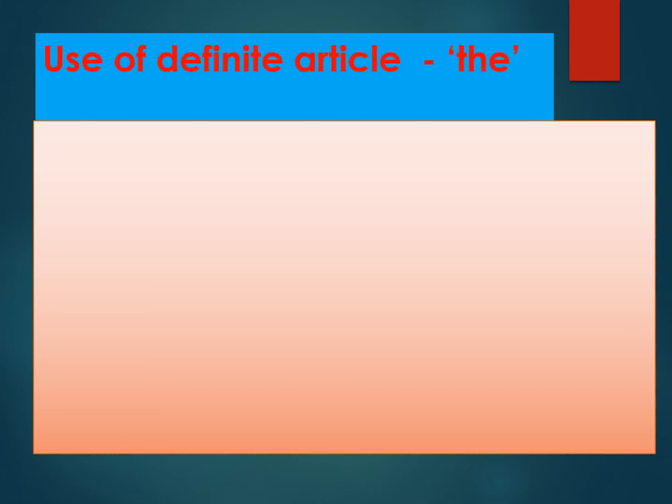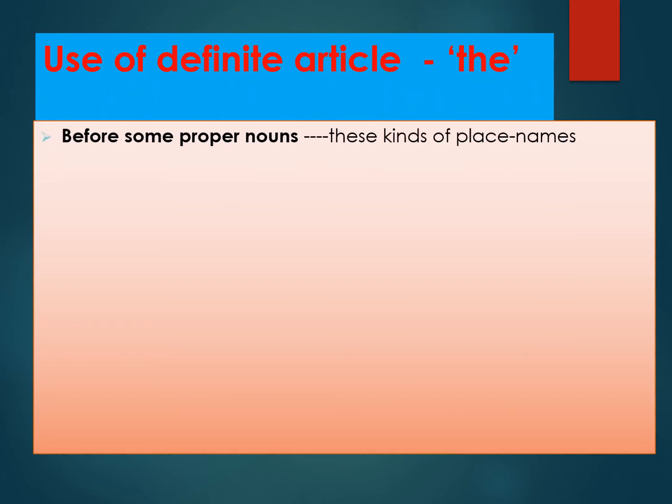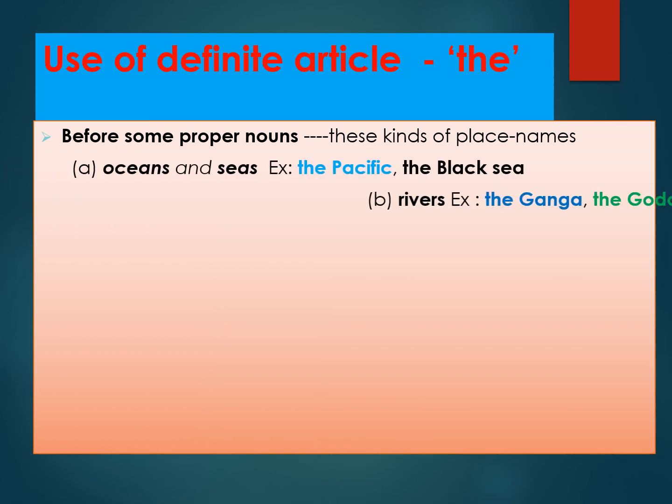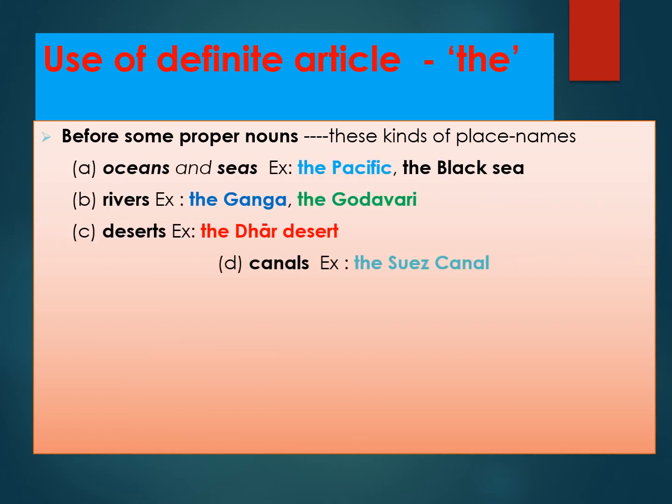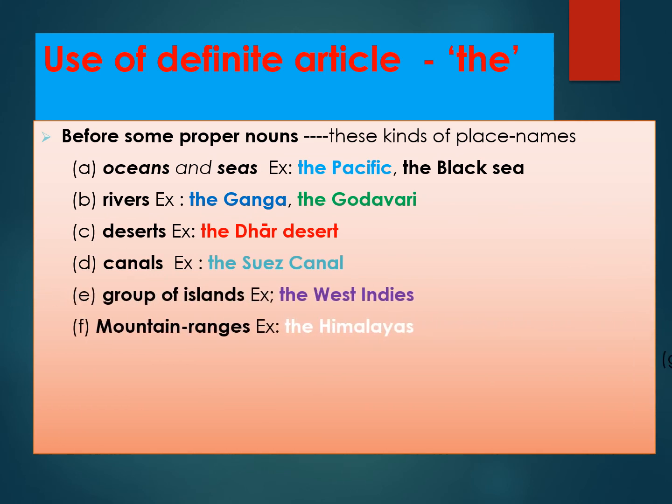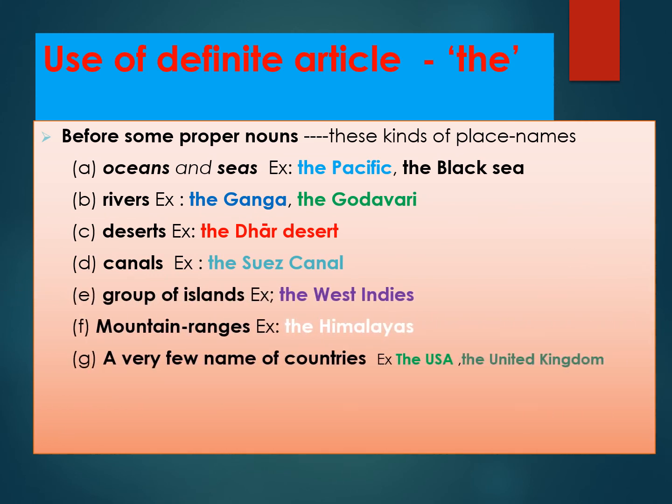Students, let us see the last point of the definite article the. The definite article the is used before some proper nouns, that is, these kinds of place names. Oceans and seas. Before oceans and seas, we can use the definite article the.